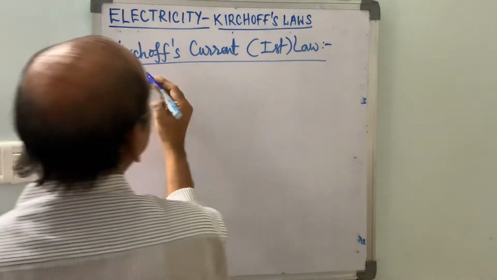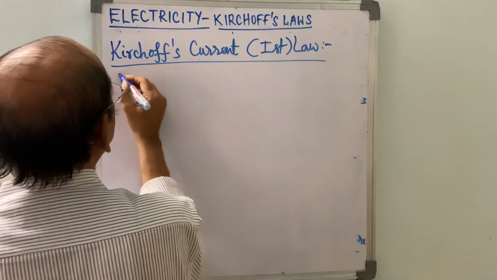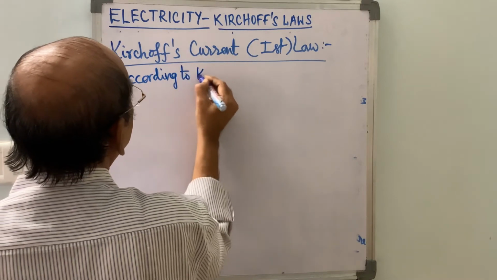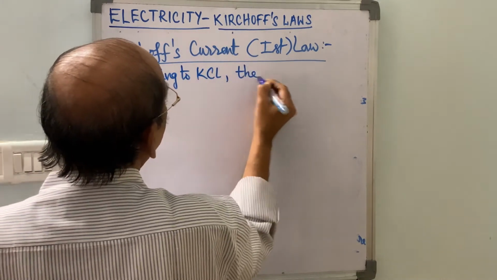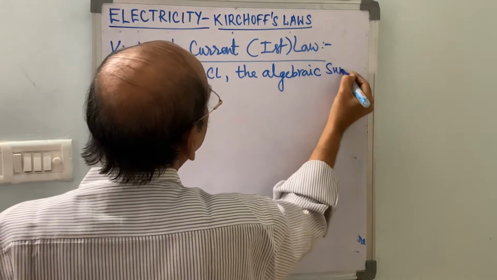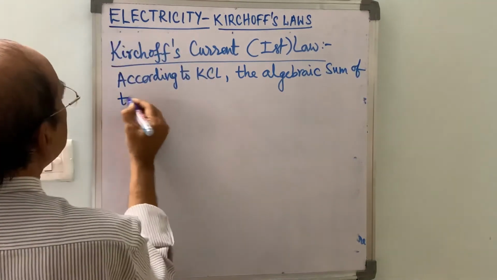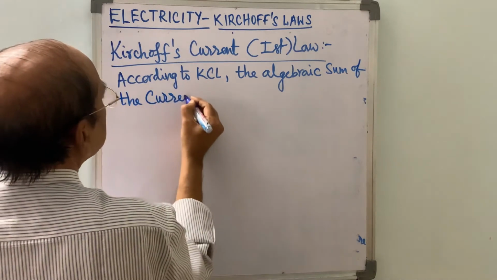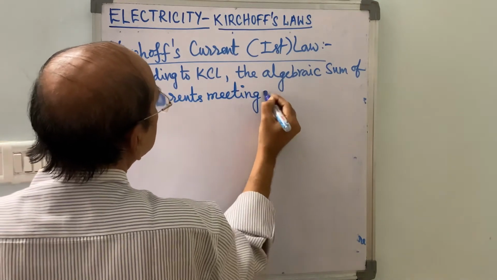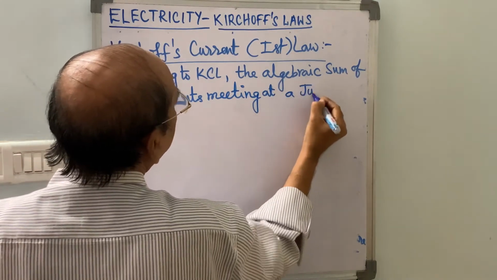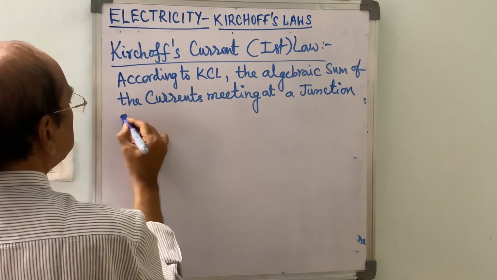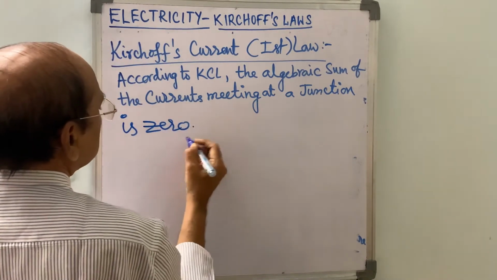So according to KCL, Kirchhoff's current law, the algebraic sum of the currents meeting at a junction in a network is 0.